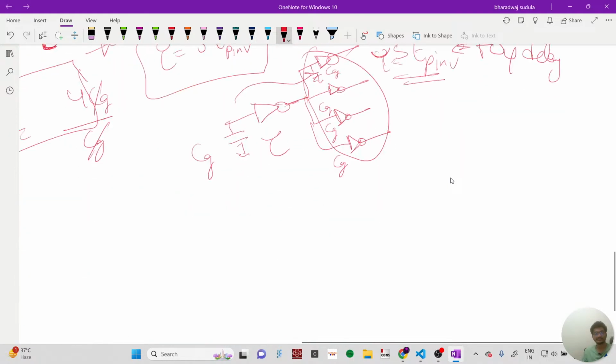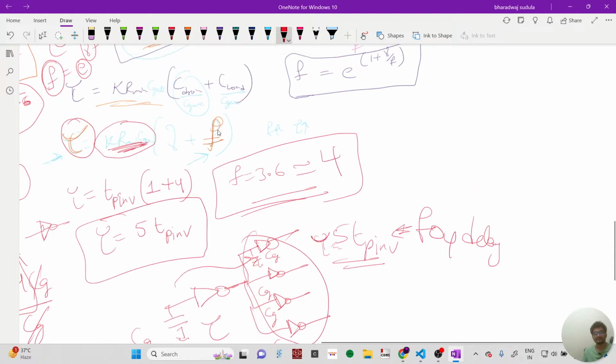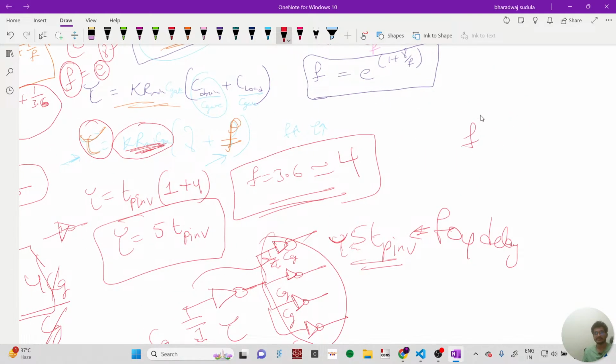Let me show you how. Actually there is a relation, right? F power n is load cap by C gate. So this is 4 power n equals CL by C gate.